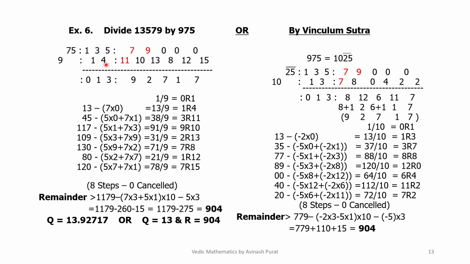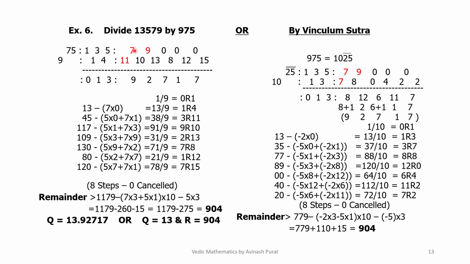Now 45 is next dividend, minus (5 into 0 plus 7 into 1), that is 7. 45 minus 7 is 38, divided by 9 is equal to 3 and remainder is 11.